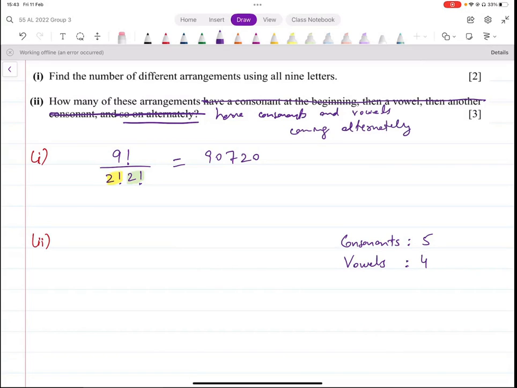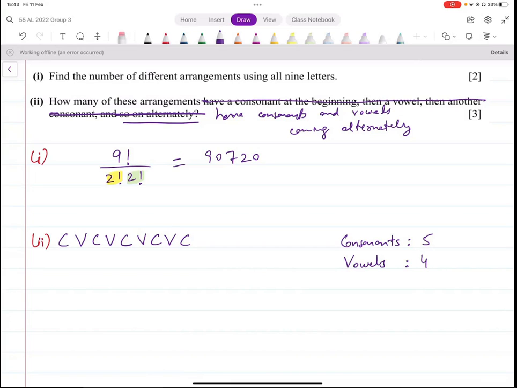Even if it had said this, you cannot start with a vowel anyway. Why? Because then you have V, C, V, C, V, C, then V, and we have run out of vowels already. We have 2 consonants left. Two can't be placed together here, because they have to come alternately. So then what would we have to do with one C? We would have to place it again. So essentially we have to start with a C.